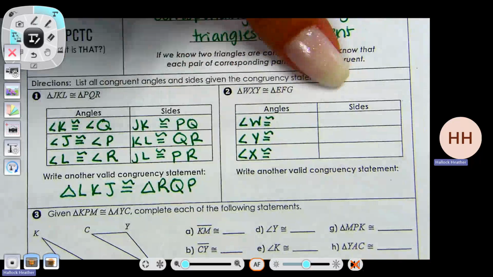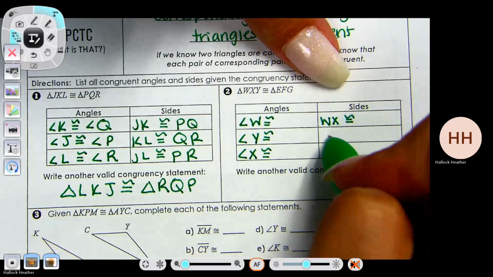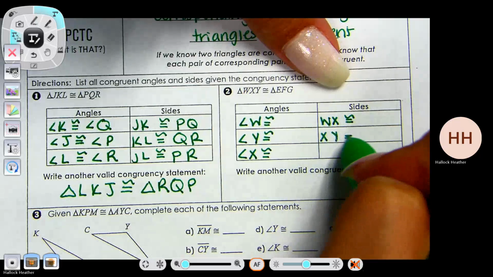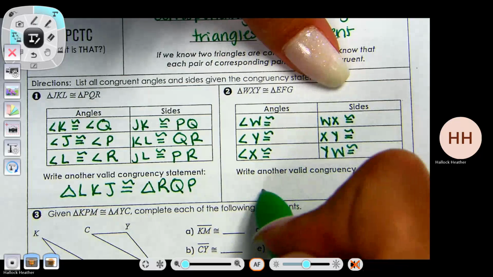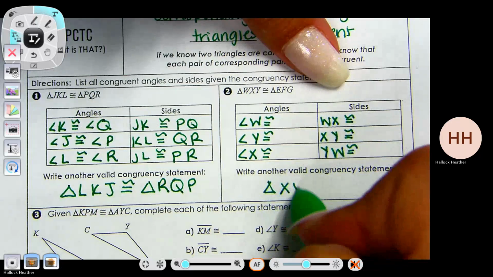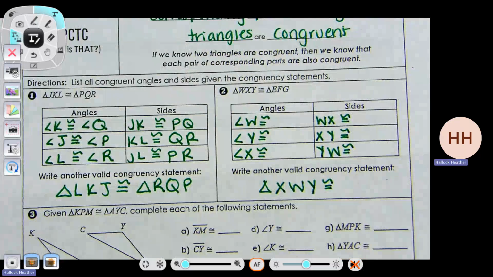I'm going to fill out the sides too. So take a minute, copy that, and then try to fill in the matching pieces. Because if you did it by yourself, everybody's answers would be random, scrambled, and harder to check.